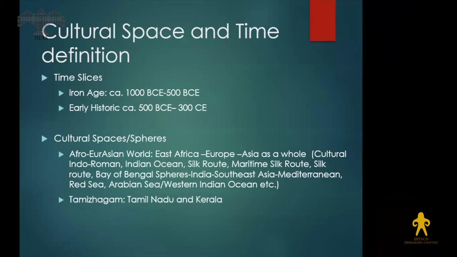Also, we are dealing with the cultural space of Tamilagam and the region beyond, what I would otherwise call the Afro-Eurasian world. This cultural landscape covers from East Africa down to Europe, Asia as a whole, within which ancient Tamilagam had active cultural interaction in the early historic period.